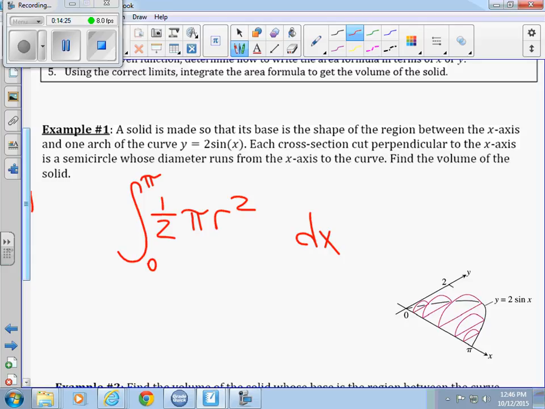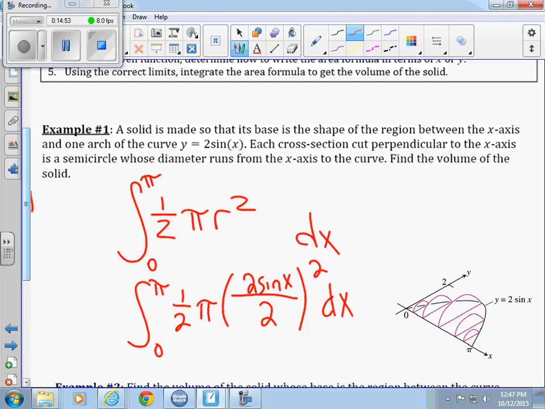Everyone agree? What is the y value? On any piece, anywhere I wanted to find the y value, what's the y value? 2 sine of x. But Logan said that I needed only half of it, right? Any questions about that so far?